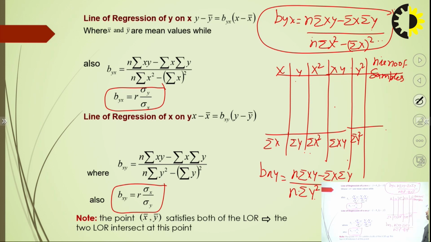Then we can calculate byx and bxy. Byx is the regression coefficient of y on x, and bxy is the regression coefficient of x on y.